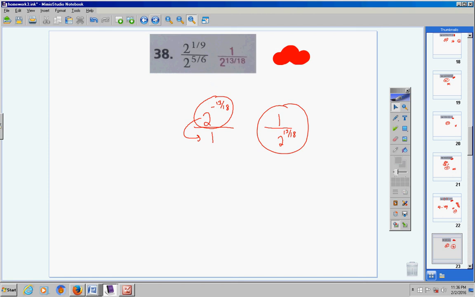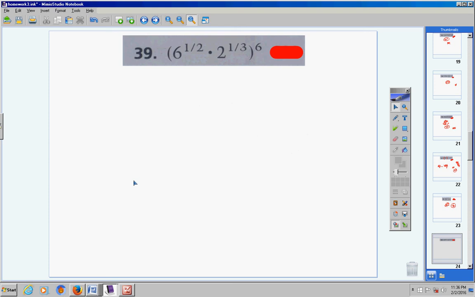Number 39. Alright, here we go. First of all, even though it looks really long, this is one term because they're not adding or subtracting, they're multiplying. So because I have one term, I am more than welcome to multiply my 6 through. So 6 times 1/2 is 3. 6 times 1/3 is 2.